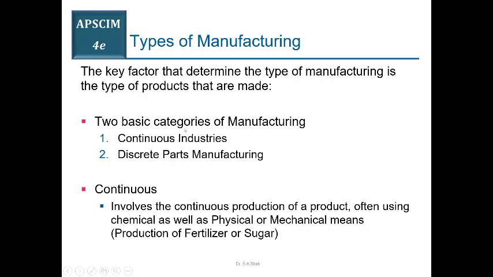So two basic categories of manufacturing are continuous industries and discrete part manufacturing. ये आपने जहन में रखना होगा.